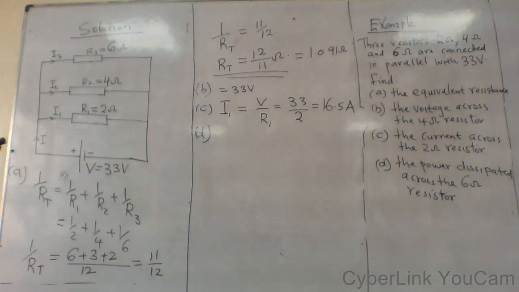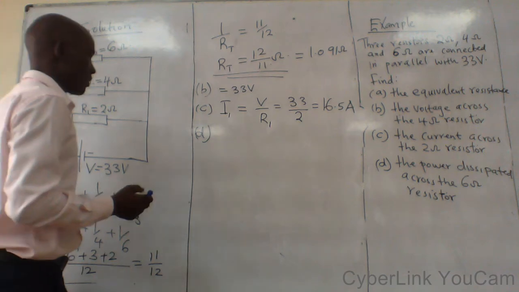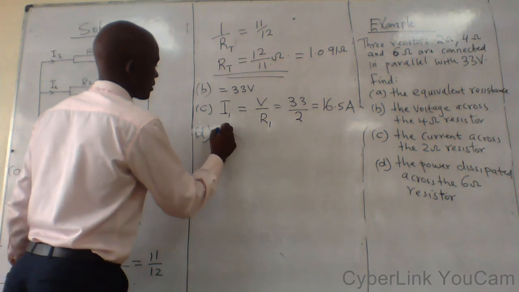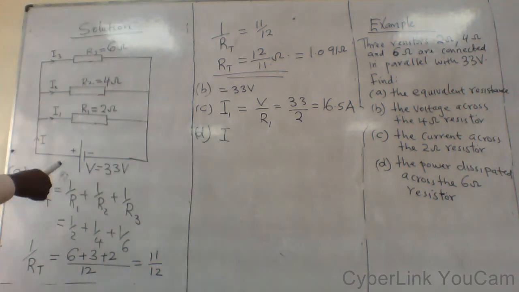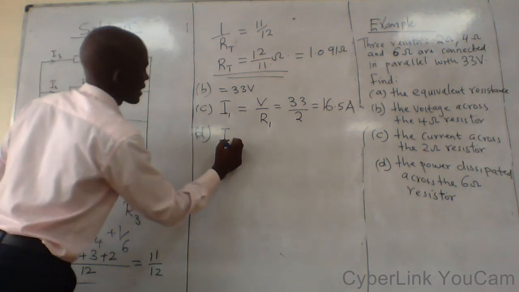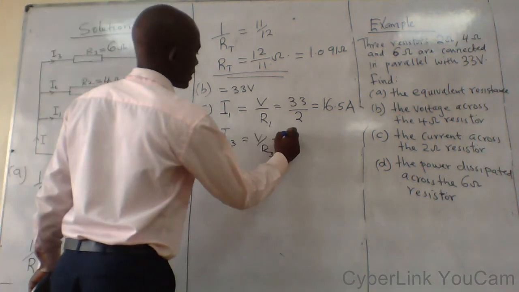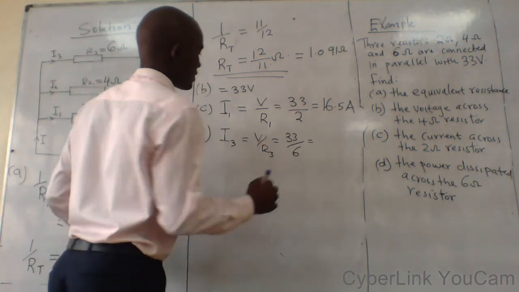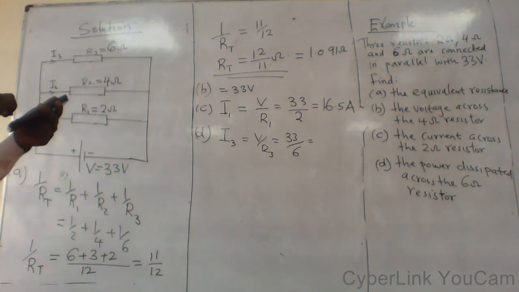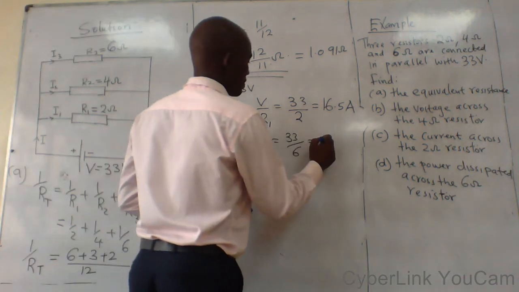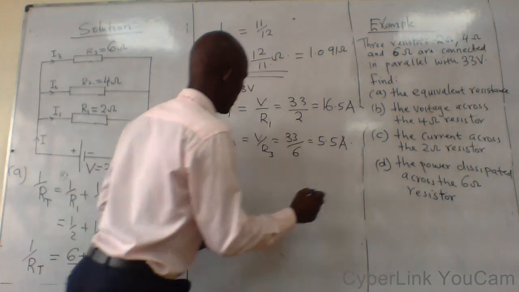If you move to part D, it is the power dissipated across the 6 ohm resistor. How do you get power? Remember, you can decide to get the current across the 6. So I3 will be equal to V over R3, which is 33 divided by 6. If you take 33 divided by 6, you will get 5.5 amperes.